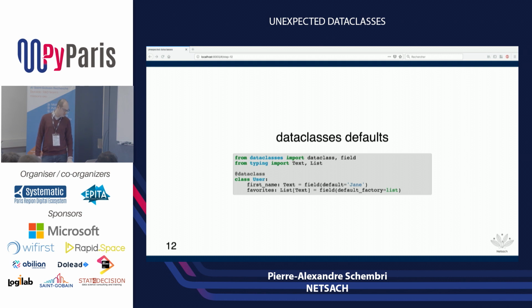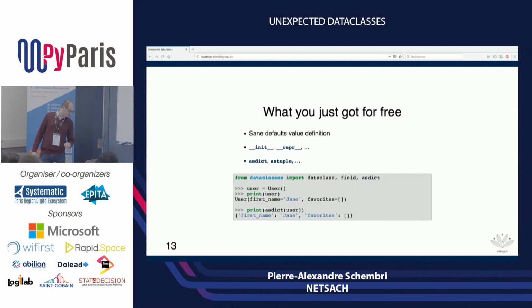So let's just see what you just got for free using data classes. We define a class, we set some defaults, and when we create an instance, we can see that there are some functions that are built in.